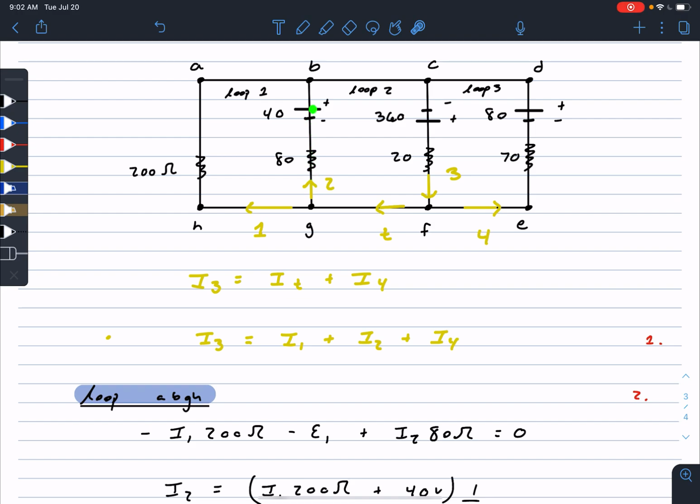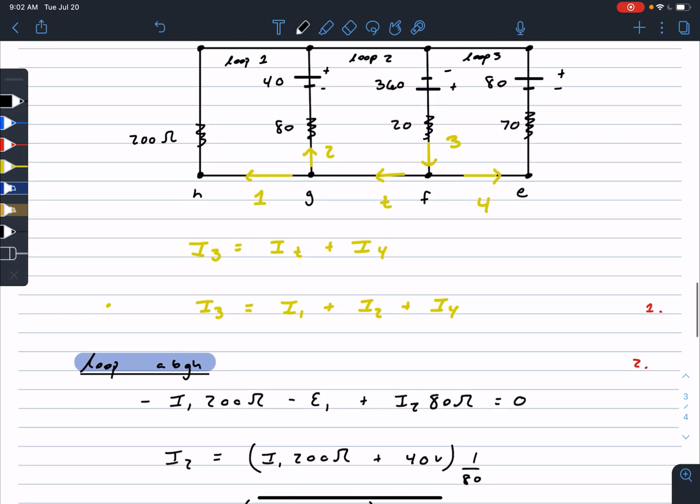From negative to positive through this battery is going to be positive. This negative to positive through this battery is going to be positive, with the current through the resistor being negative. So again, we have negative, positive, positive, negative values.